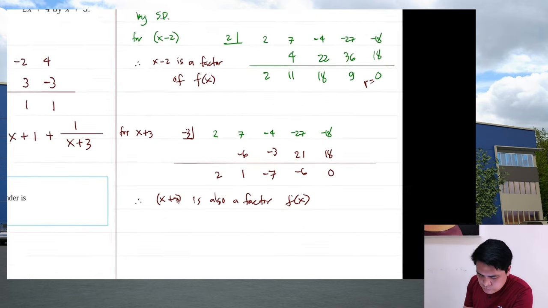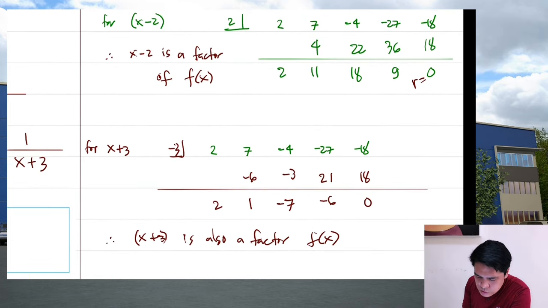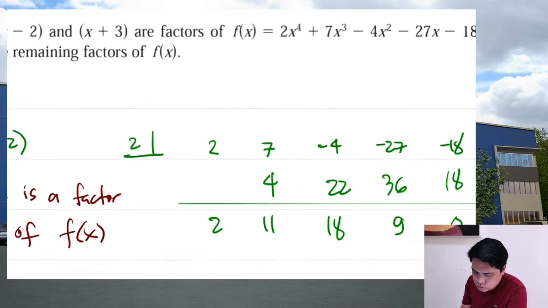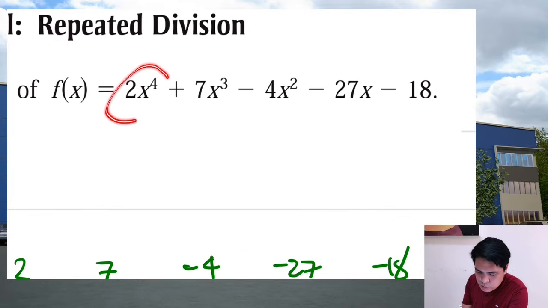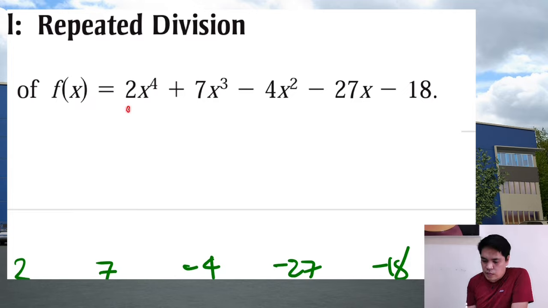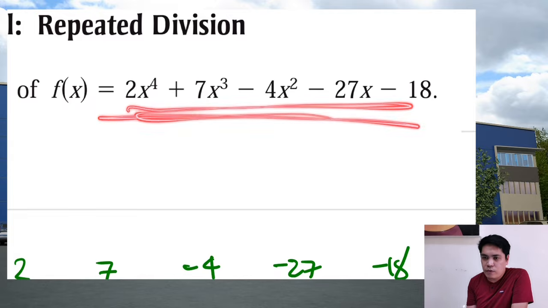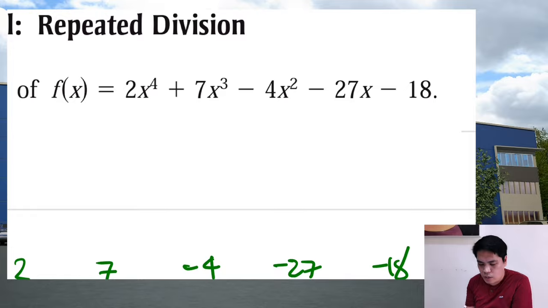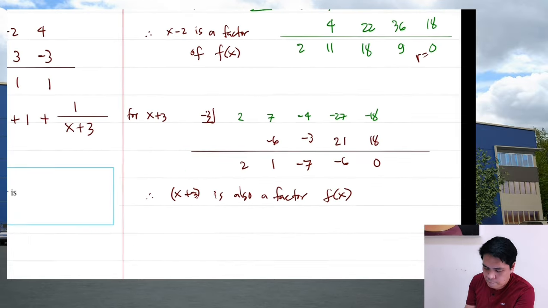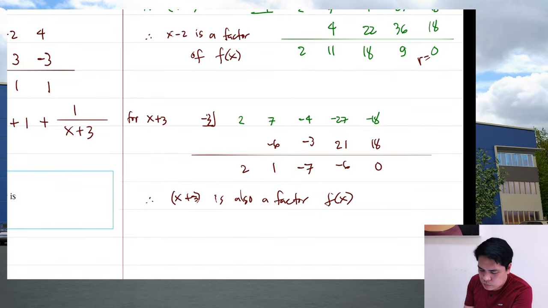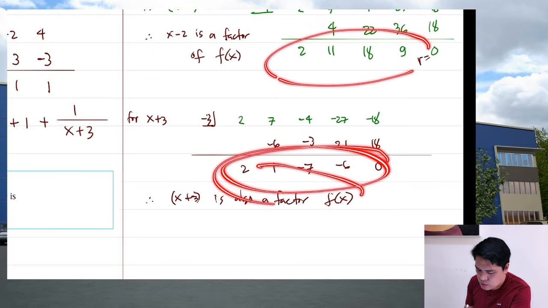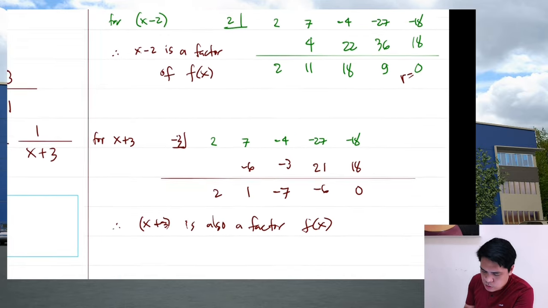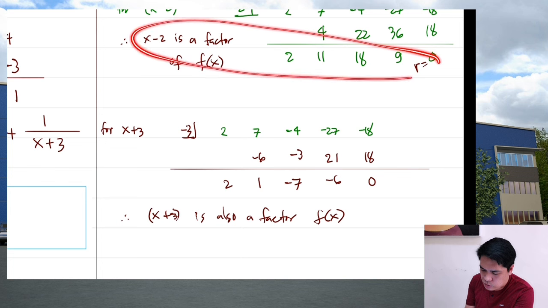Now we know that x minus 2 and x plus 3 are factors. Since our polynomial is a fourth degree polynomial, we are expecting 4 factors, and so far we have two. I can use either of these, they are both useful. So let's use the first one.